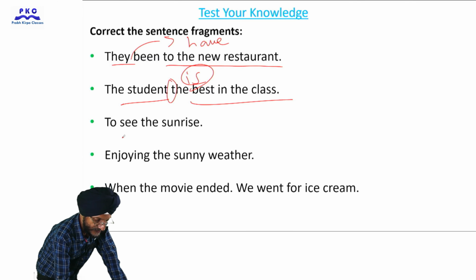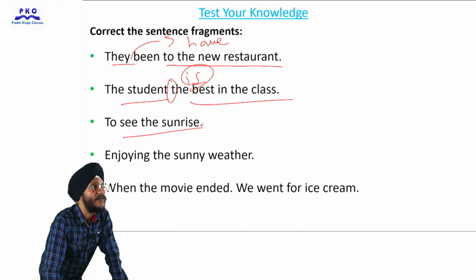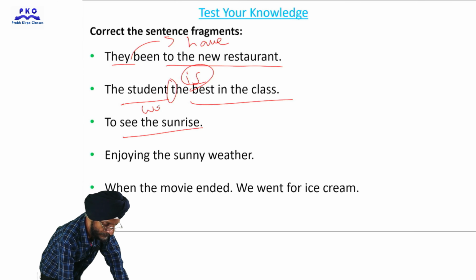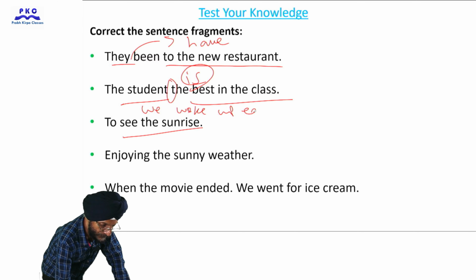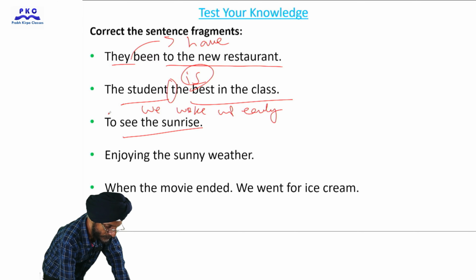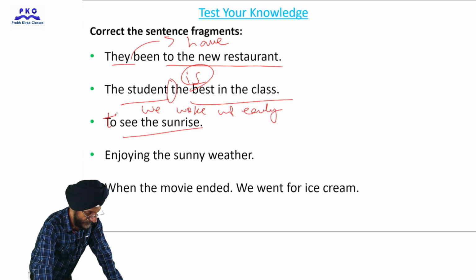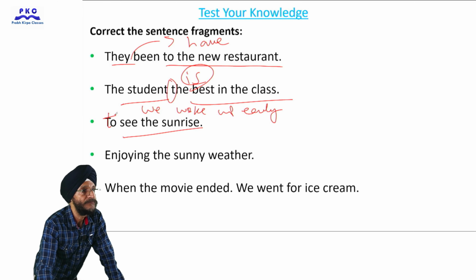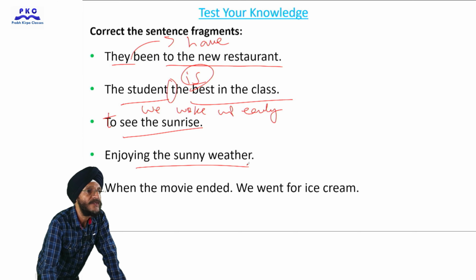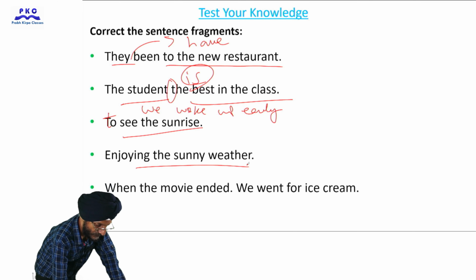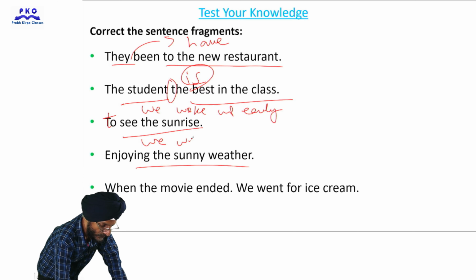Here it is a sentence fragment. We woke up early to see the sunrise. "Enjoying the sunny weather." It is again a sentence fragment. We were enjoying the sunny weather.